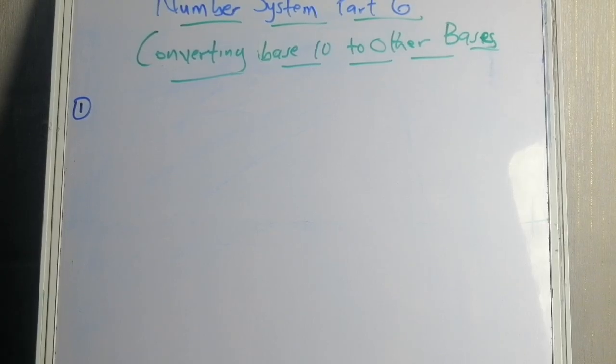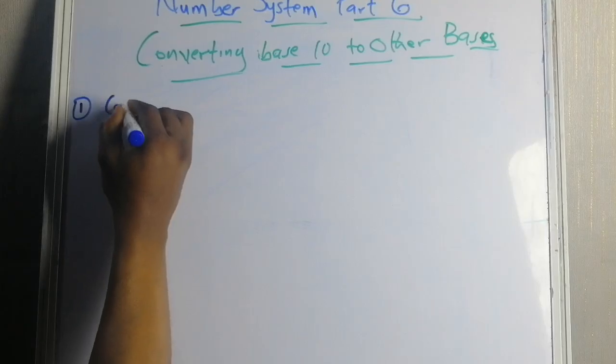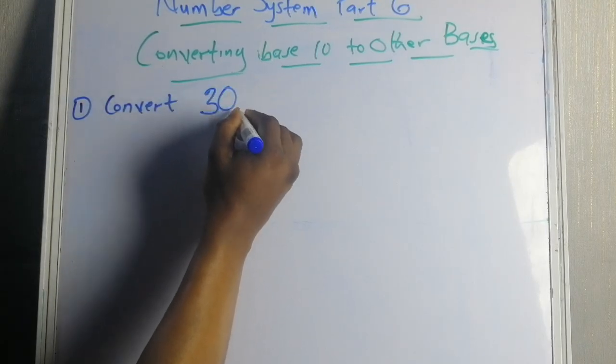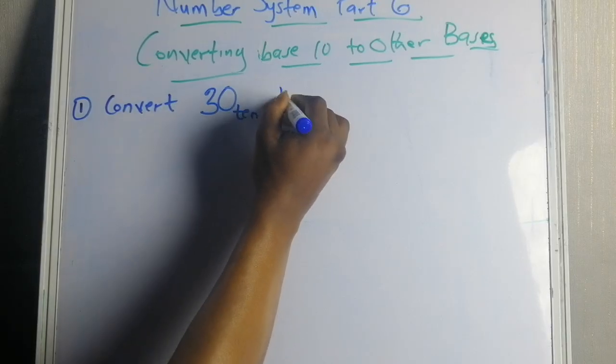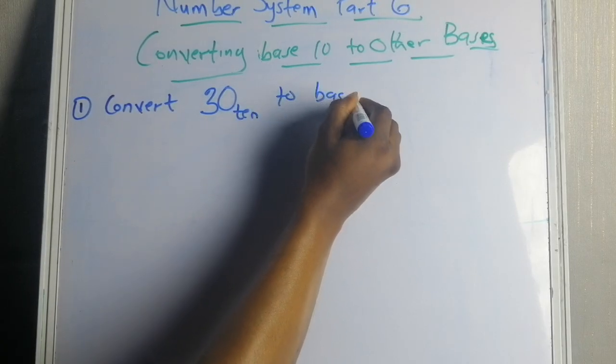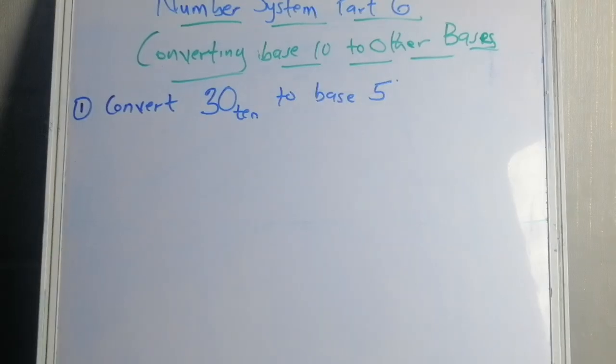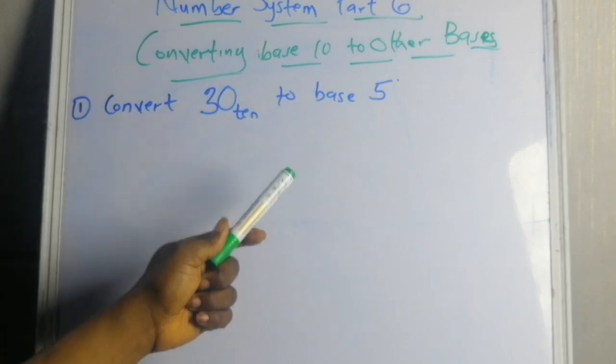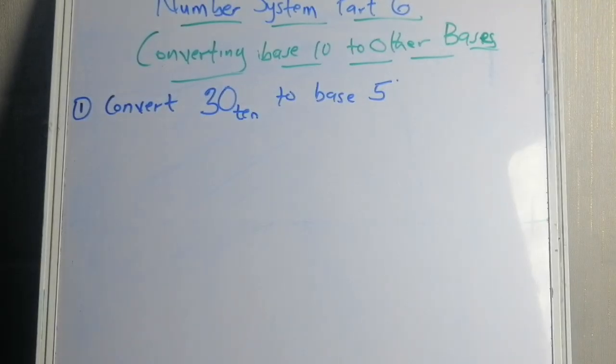Let's assume: convert 30 base 10 to base 5. In this case it's not base 2, the other base is base 5. So follow the same method.